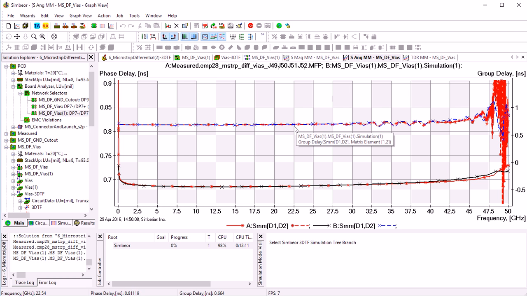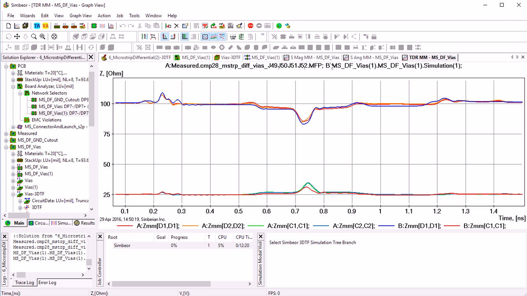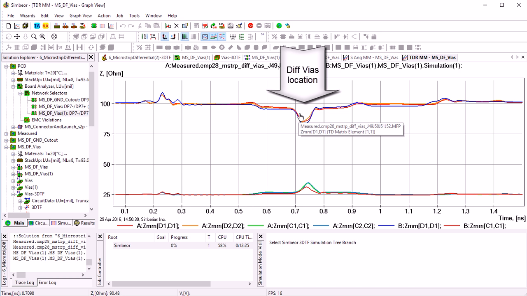This is group delay, overlaps simulated and measured, and this is phase delay, also overlaps, and this is TDR of the structure. Differential TDR, again, A is measurement, B is simulation, very close.